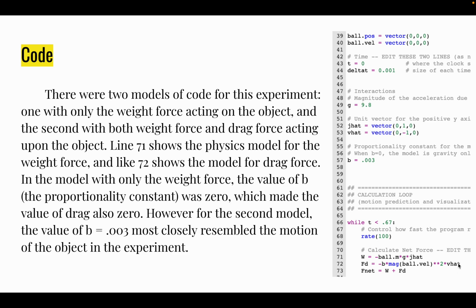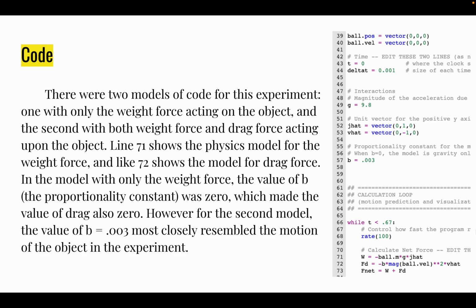And line 72 here shows the model for drag force. In this case, it's negative b times the magnitude of the ball's velocity squared times v hat, which I made a new vector where it is in the opposite direction as j hat, or the weight force.